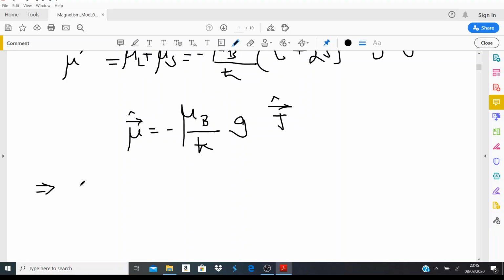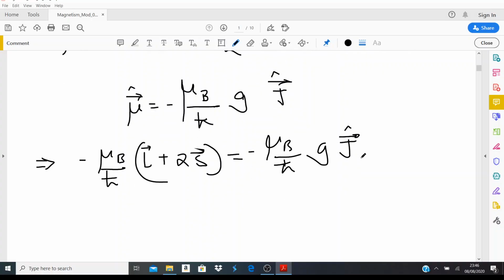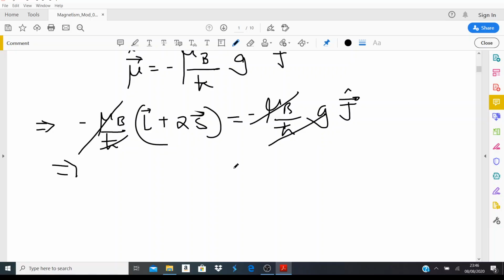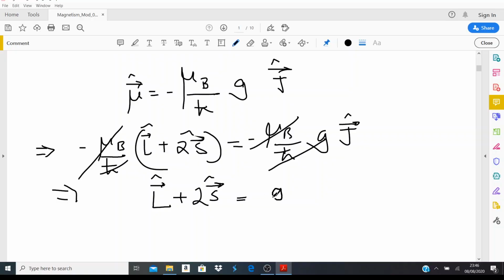We have seen that this total mu is nothing but mu B by h bar times L plus twice S, and on the right hand side we have the same expression, g times J. So from this you can see these values get cancelled. We are left with L plus twice S, which are vector operators, so let me put the hats, equal to g times J.